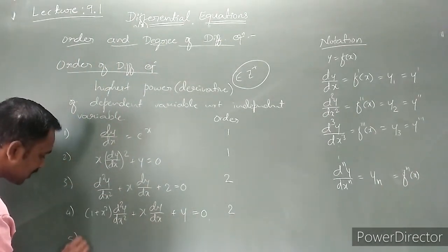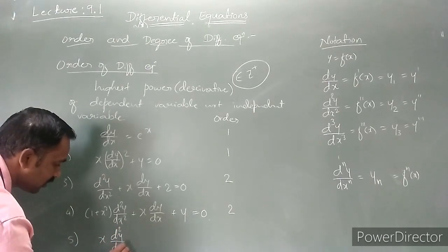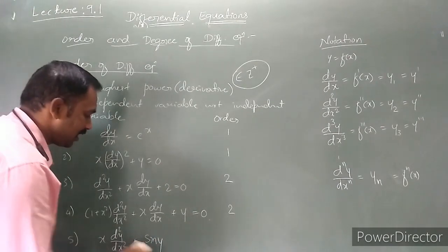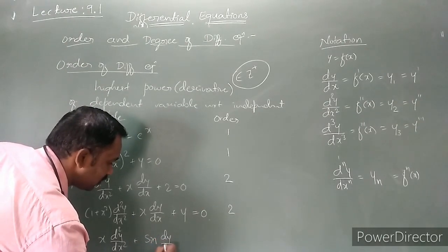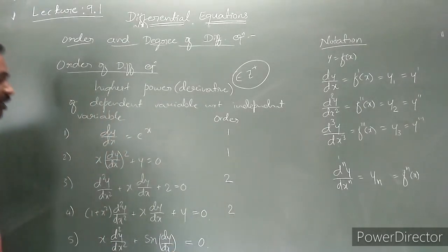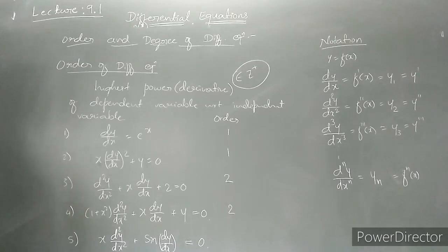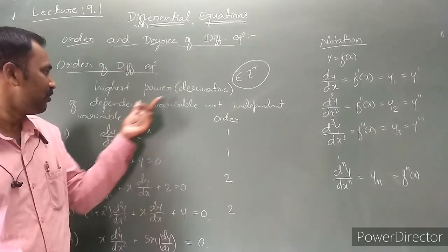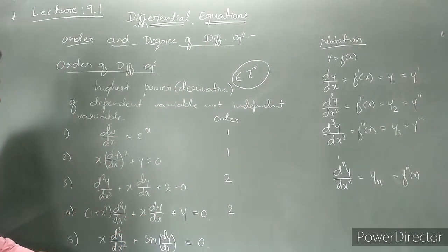I will take one more example: x into d square y by dx square plus sine of dy by dx is equal to 0. What is the highest order derivative? The derivative must be of the dependent variable with respect to the independent variable.